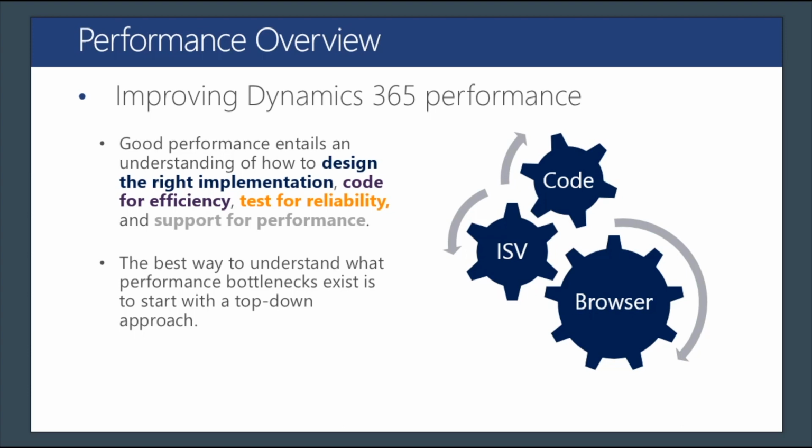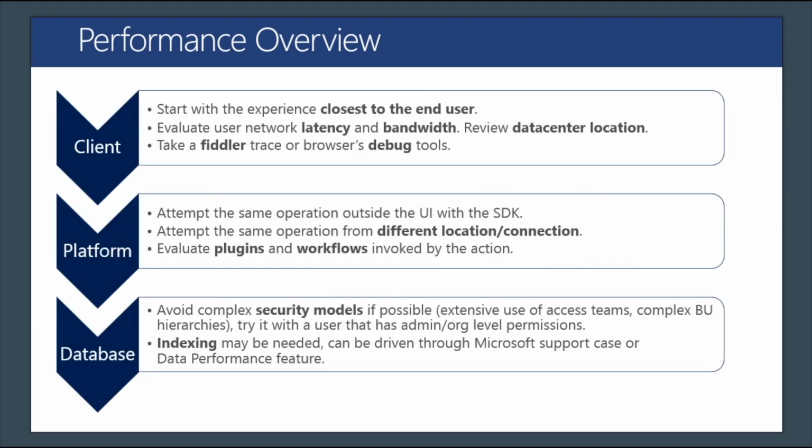So just moving ahead, a little bit of overview. Like I mentioned, we're going to be starting with the client side, because this is the experience that's closest to your end user. We're going to talk a little bit about the latency and the bandwidth: what are the recommended numbers, or the minimum requirements, in terms of latency and bandwidth, and also data center location, which is one of the key factors in determining the latency and the experience that our users are going to have.